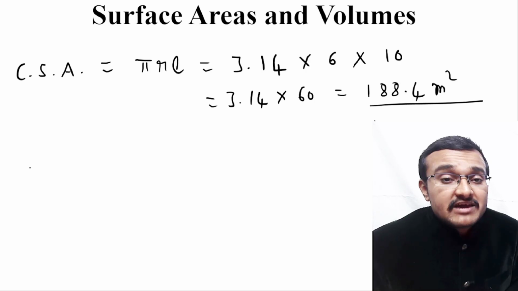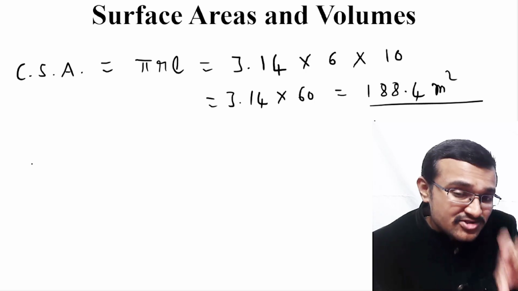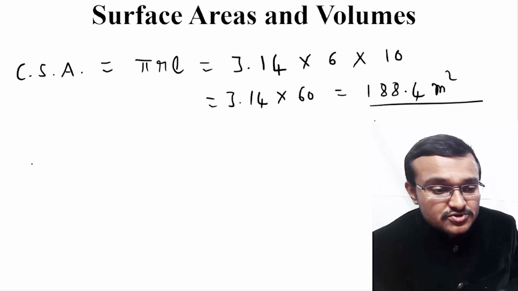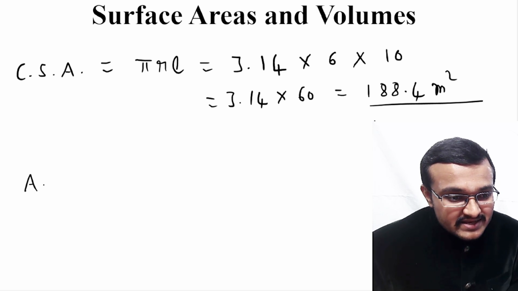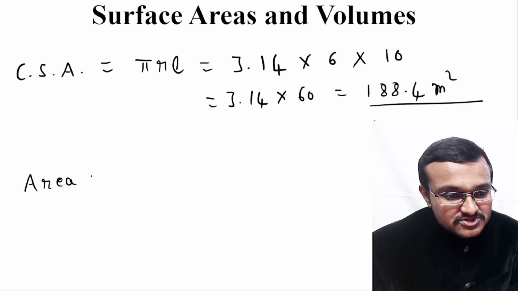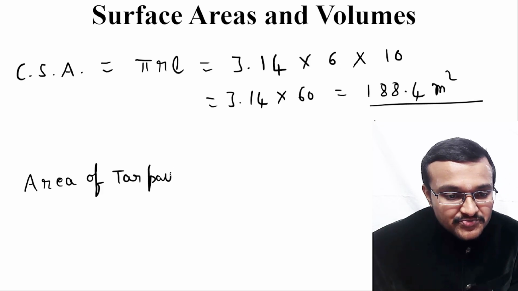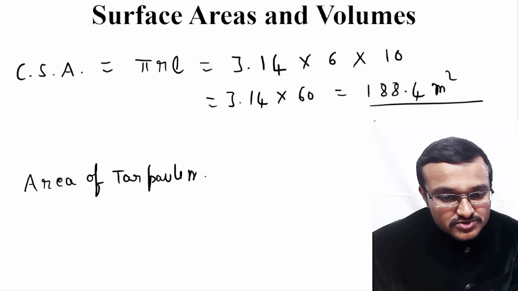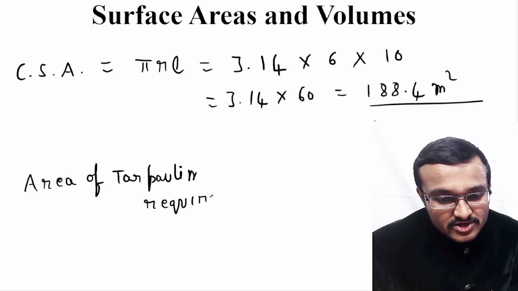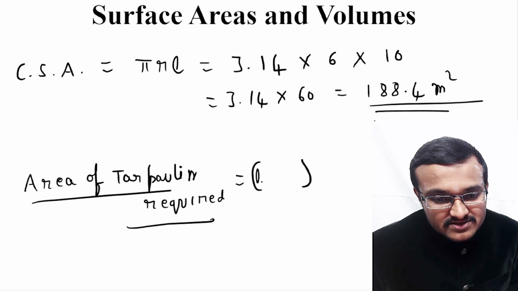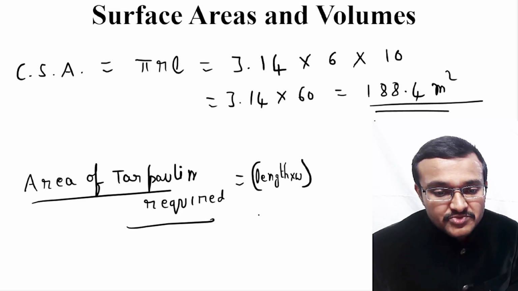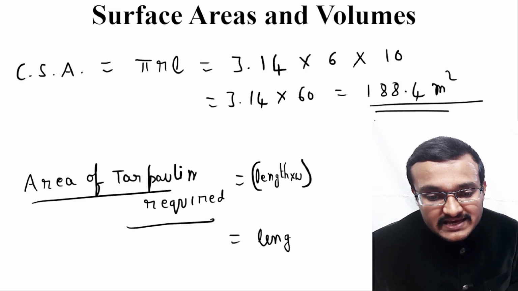So here we have to just calculate the length of the tarpaulin required. So the area of tarpaulin required is equal to the length into width W. So width already they have given, that is equal to 3 meter.